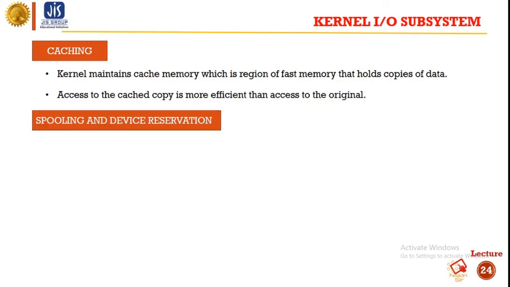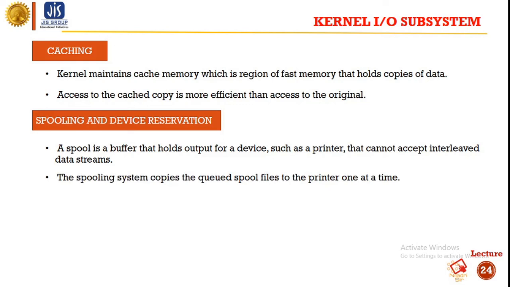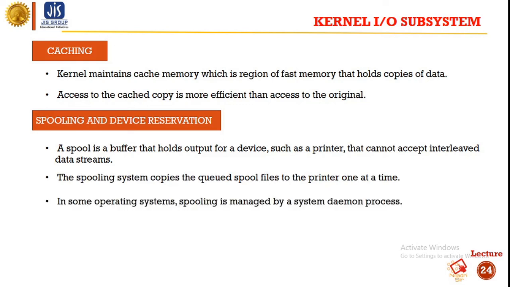Next one is spooling and device reservation. A spool is a buffer that holds output for a device, such as a printer, that cannot accept interleaved data streams. The spooling system copies the queued spool files to the printer one at a time. In some operating systems, spooling is managed by a system daemon process.